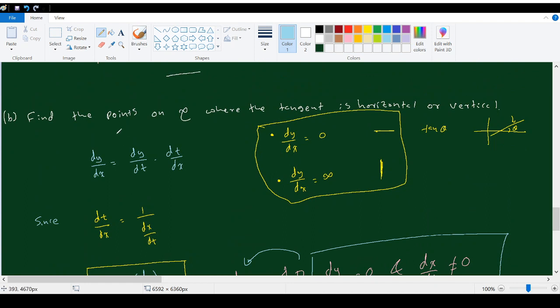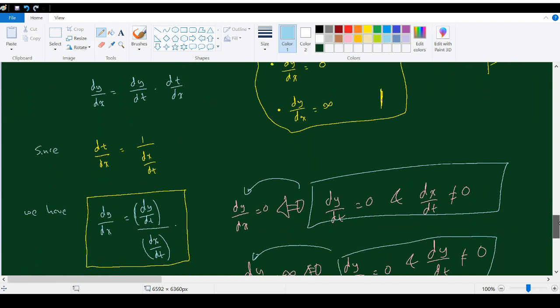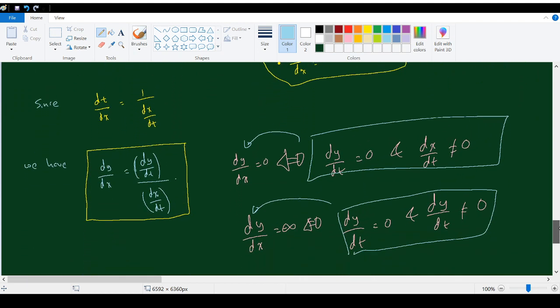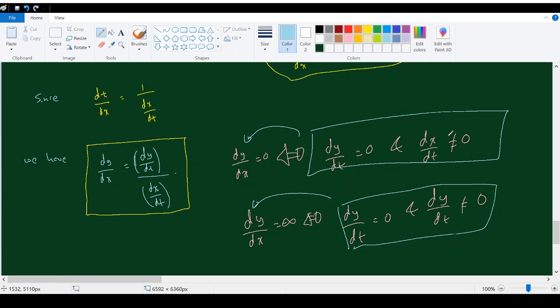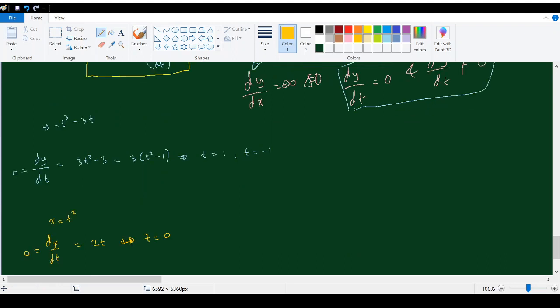So in the question it asks to find the points where the tangent is horizontal or vertical. So basically what we need to do is compute the required t values so that these conditions are satisfied, right?